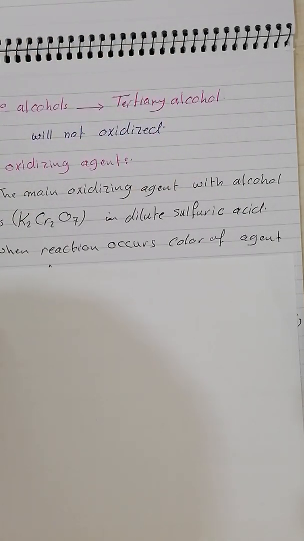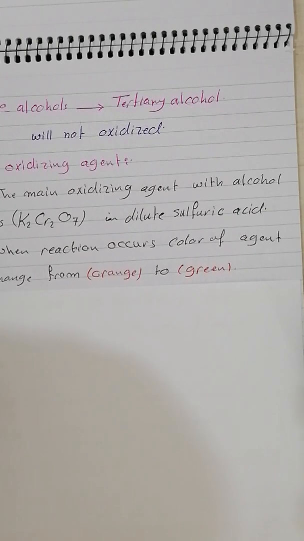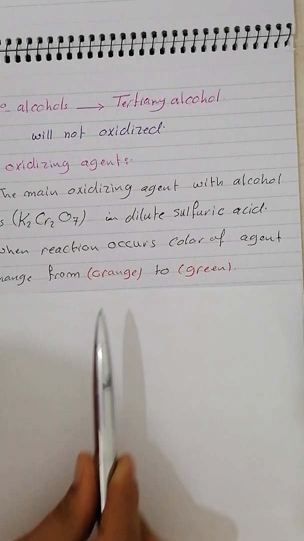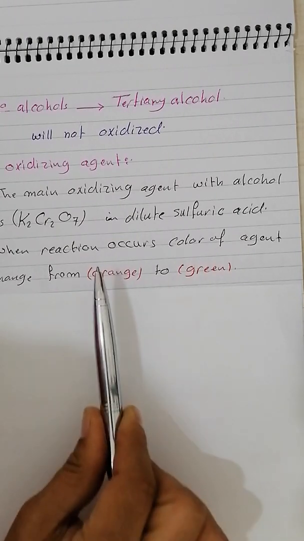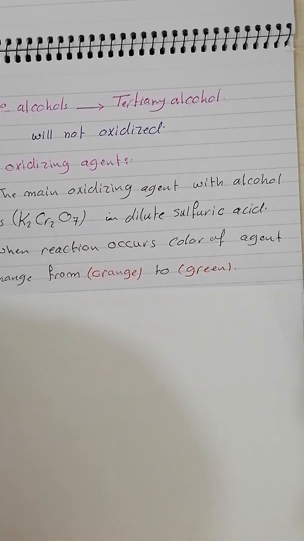When potassium dichromate acts as an oxidizing agent and is reduced, its color will change from orange to green. In our syllabus they mention orange, from orange to green. That means an oxidation is done, the potassium dichromate is reduced and the other substance is oxidized.